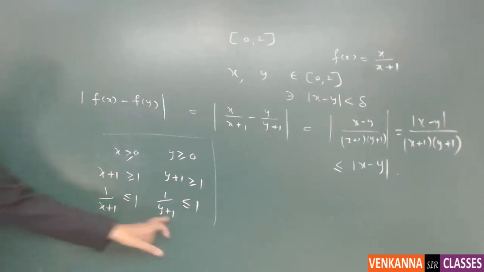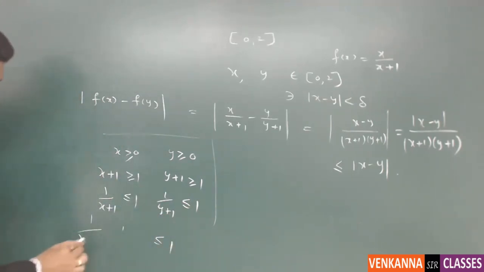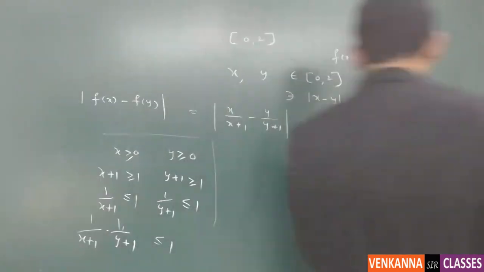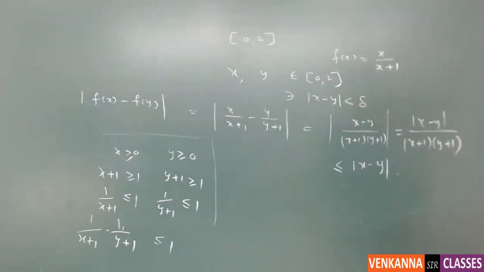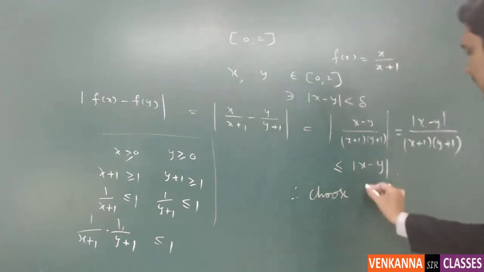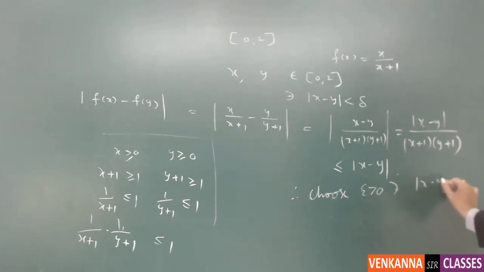So the product is also less than or equal to 1. So I can write like this. Therefore, choose epsilon such that this value is less than epsilon.